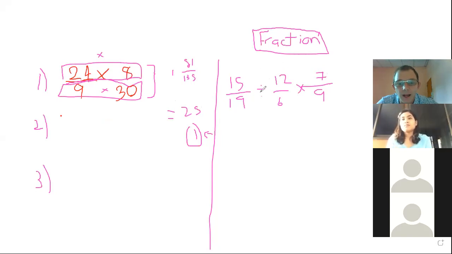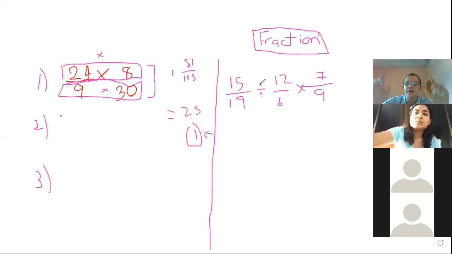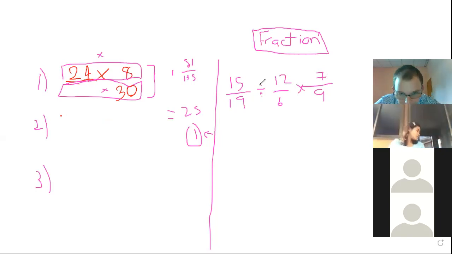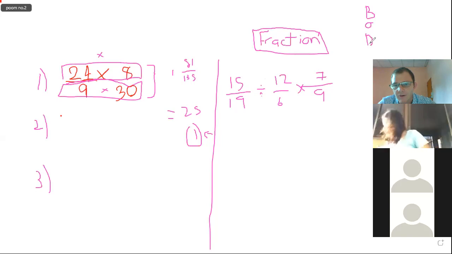So when we have a problem like this, where we both have division and we have multiplication in the same question, what do we need to apply? A very basic mathematical standpoint, we call BODMAS. Have you ever heard of BODMAS? BODMAS means brackets, of, division, multiplication, addition, and subtraction.